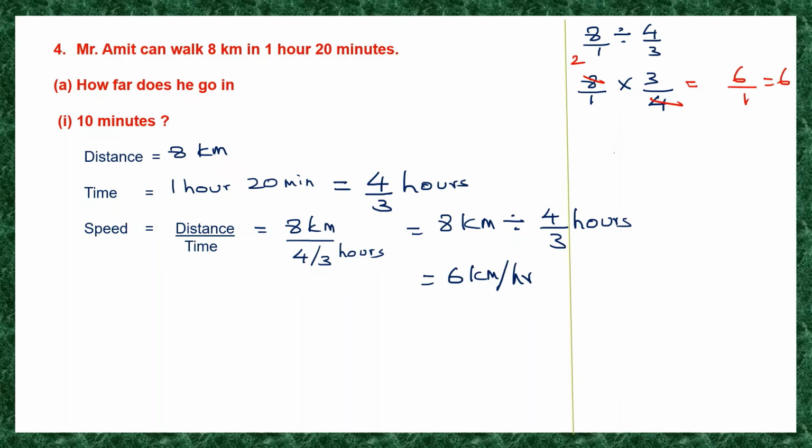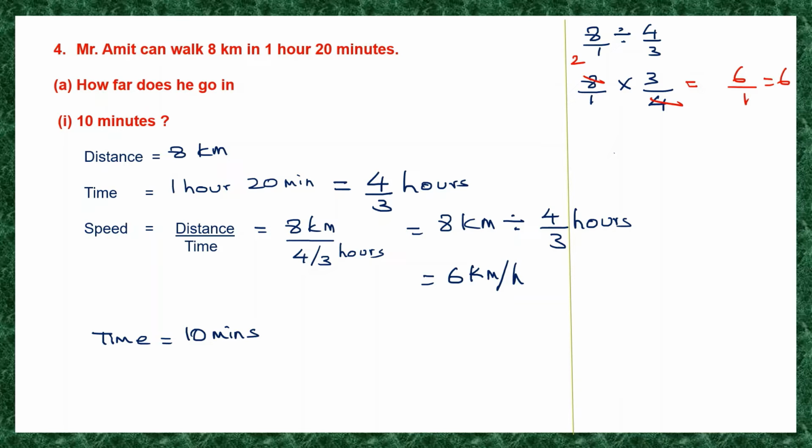So we have found that. So let's start the first part of the question. How far does he go in 10 minutes? Now that we have found speed, speed is 6 kilometers per hour. Then we know the time is 10 minutes. Since speed is kilometers per hour and time is 10 minutes, I have to convert the minutes into hours.